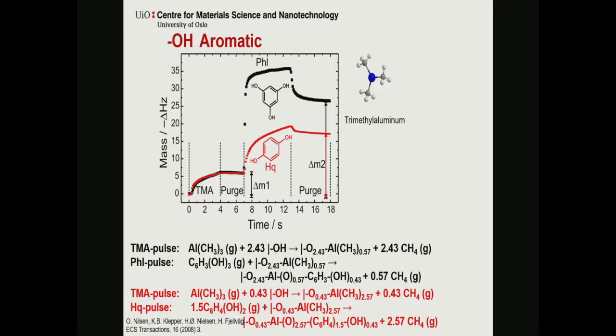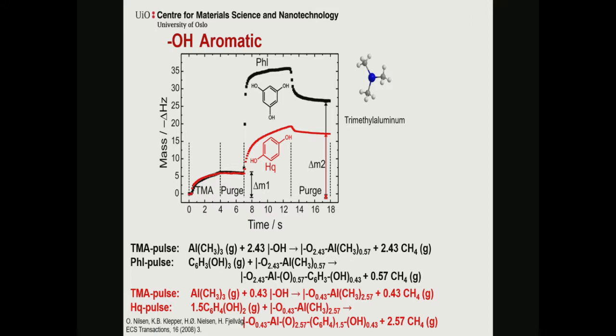What I find most interesting in this is if you actually carefully check how much TMA do I react, then it's the same amount of TMA that goes into your film for both of these, even though you have 3 OH groups here and 2 OH groups there. So it seems like that is just controlled by the area available, but the number of these ligands is defined by something else.